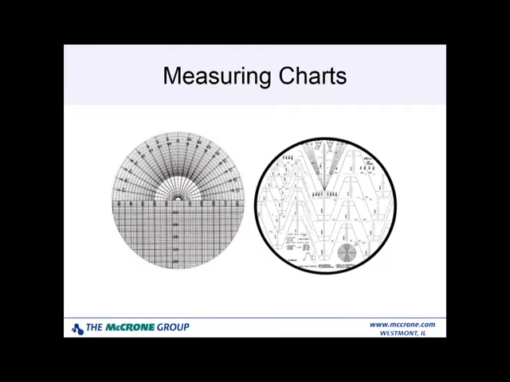The chart on the right is a specialty chart that you can obtain that shows screw thread pitch dimensions. So if you are measuring thread pitch, you might want a chart like this.